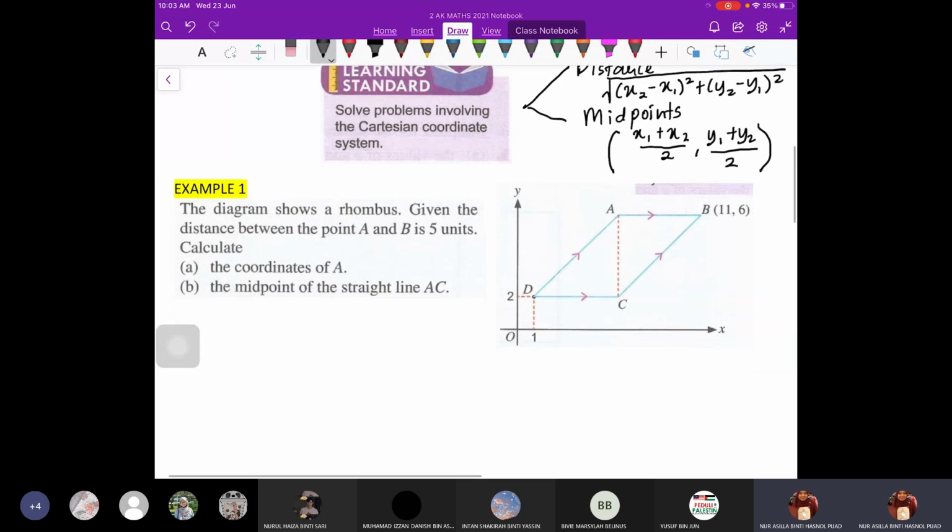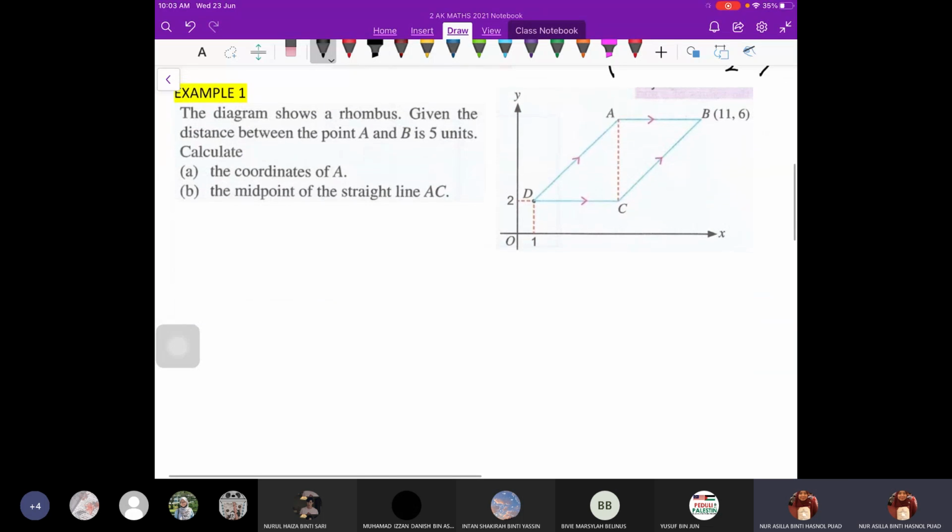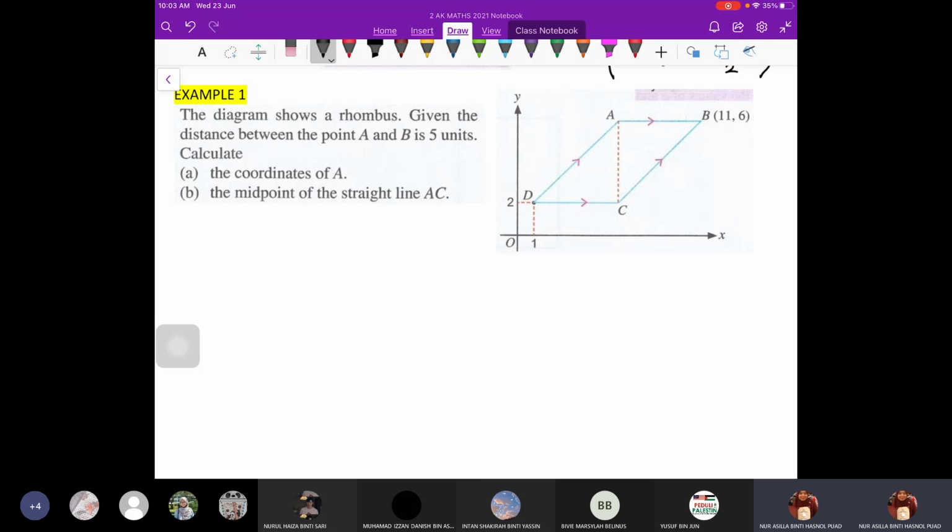So kita akan masuk terus kepada example 1. So the diagram shows a rhombus. It's not a new thing, patutnya dah tahu. So the characteristic of a rhombus, bentuk seperti parallelogram.